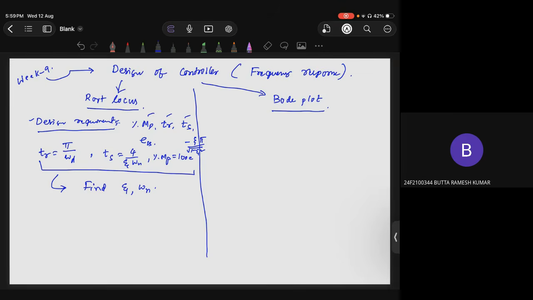Once we have zeta and omega n, for second order systems, the poles location is minus zeta omega n plus or minus j omega n root over 1 minus zeta square. So we can substitute the zeta and omega n here and we get the poles location. We call these poles the dominant poles. Is this clear? Any doubt here?